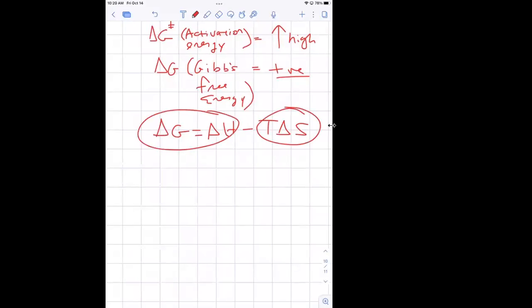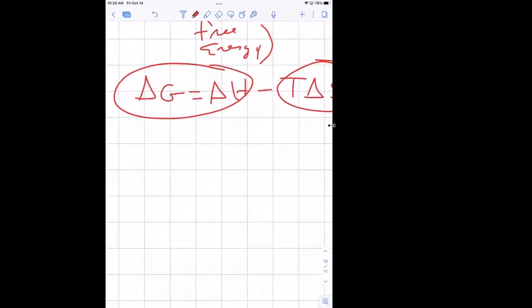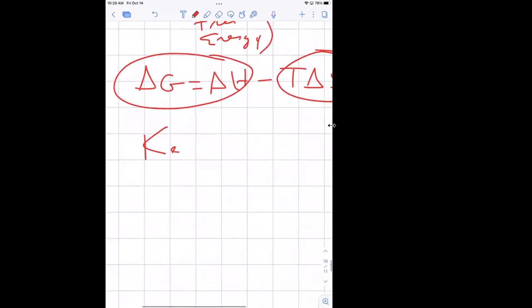Delta H and delta G are roughly equivalent. So if delta H is positive, then delta G is going to be positive. And then the other part that we can infer is the equilibrium constant, K and Q. It's going to be less than 1.